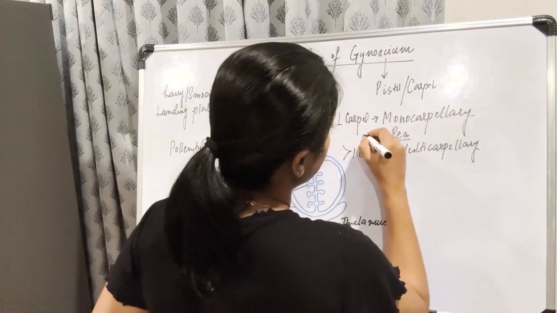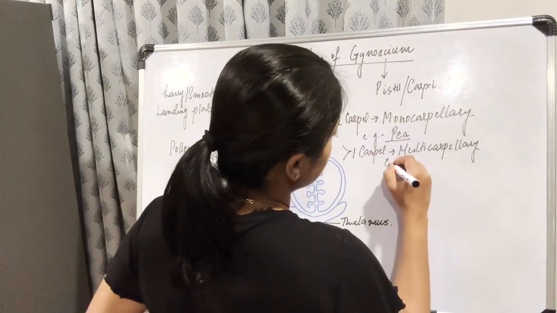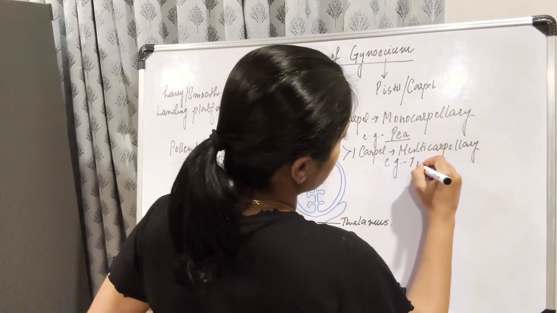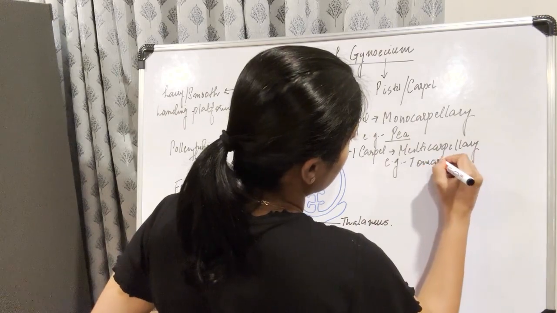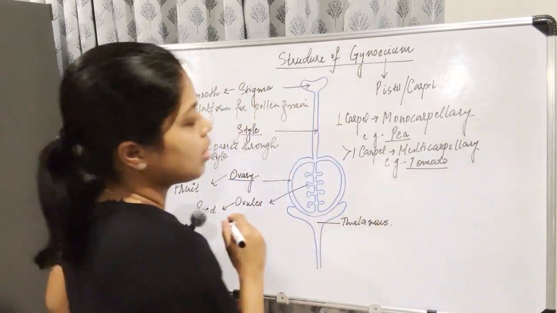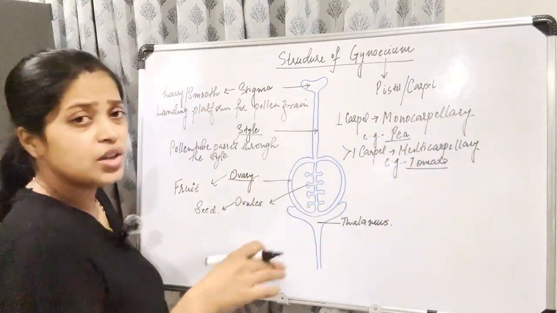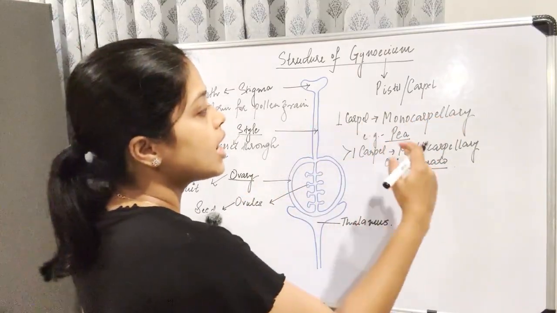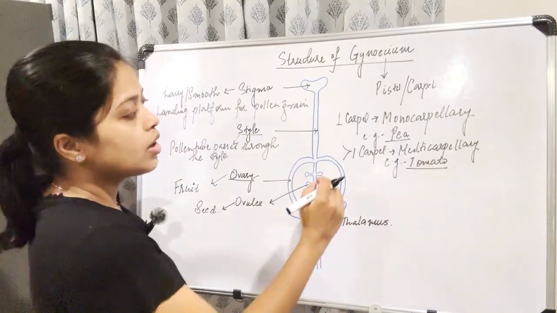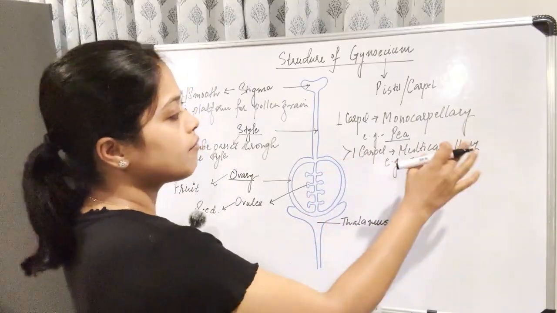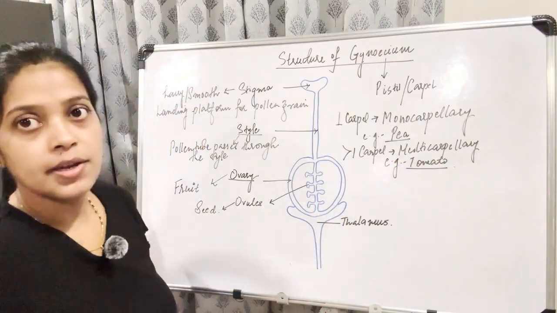For example, tomato. Okay, so one carpel is called as monocarpellary. If there is two carpel, we call it as dicarpellary, and so on.